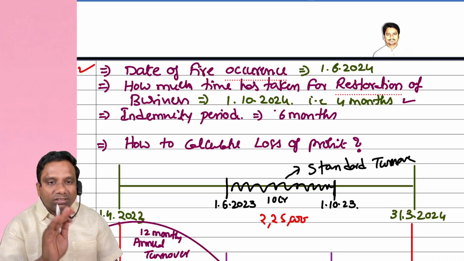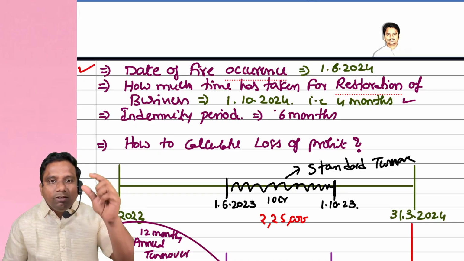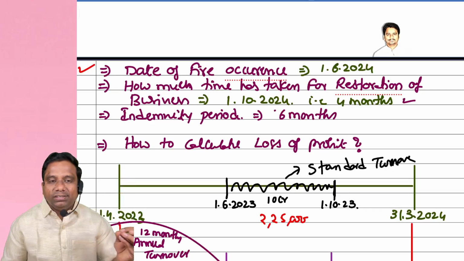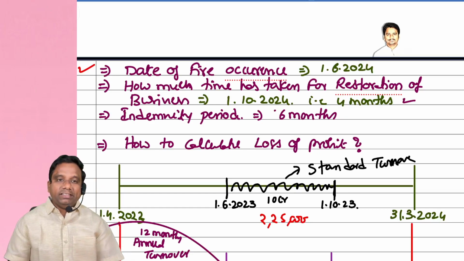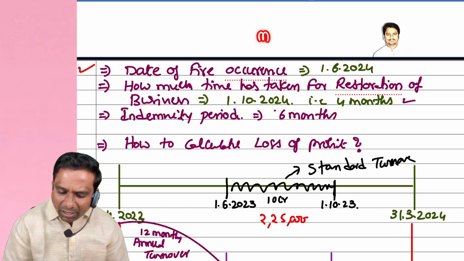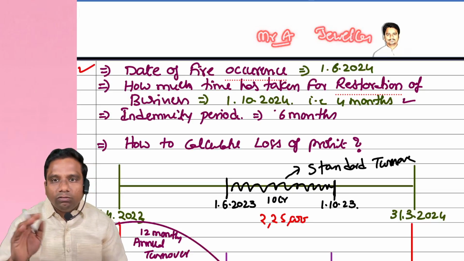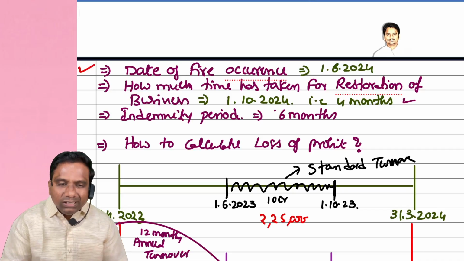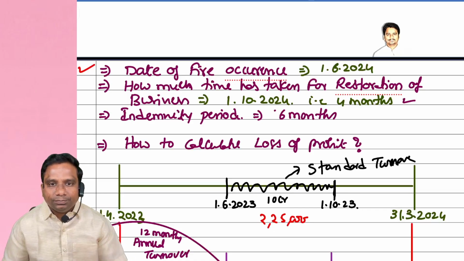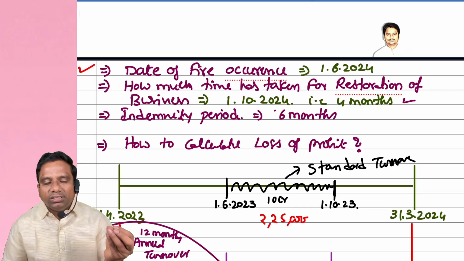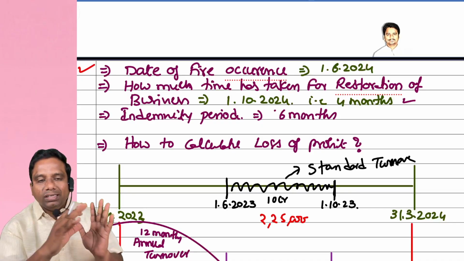Before taking the policy itself, the organization estimates that if any fire happened in the premises, how much time it takes to restore the business organization. Suppose Mr. A is running a jewelry shop, and some fire accident happened. How much time does it take to restore its earlier condition?